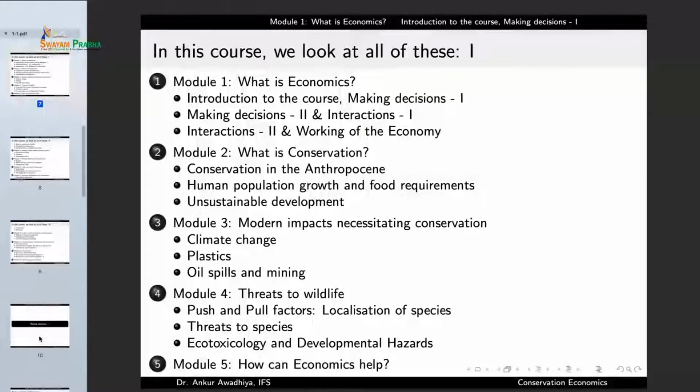The first one is what is economics, with these three lectures: introduction, making decisions, interactions, and the working of the economy. The second module will explore conservation. Conservation in the Anthropocene. Anthropos is human beings and scene is a time period.